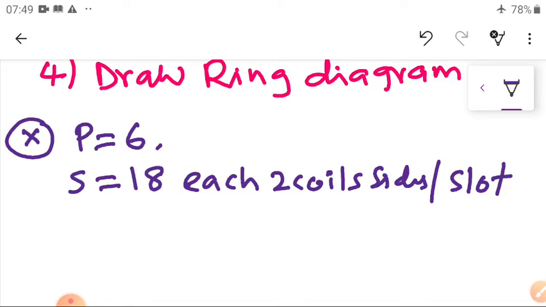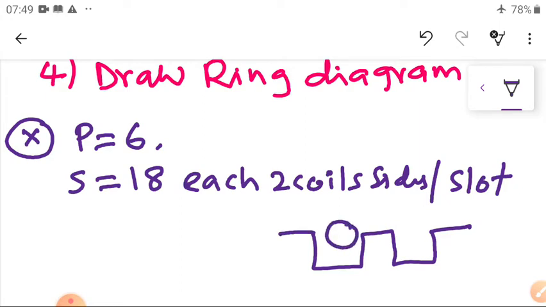That means here is one coil and here is another coil, double layer winding. This is one coil side, this is the other coil side. Each slot has 2 coil sides.